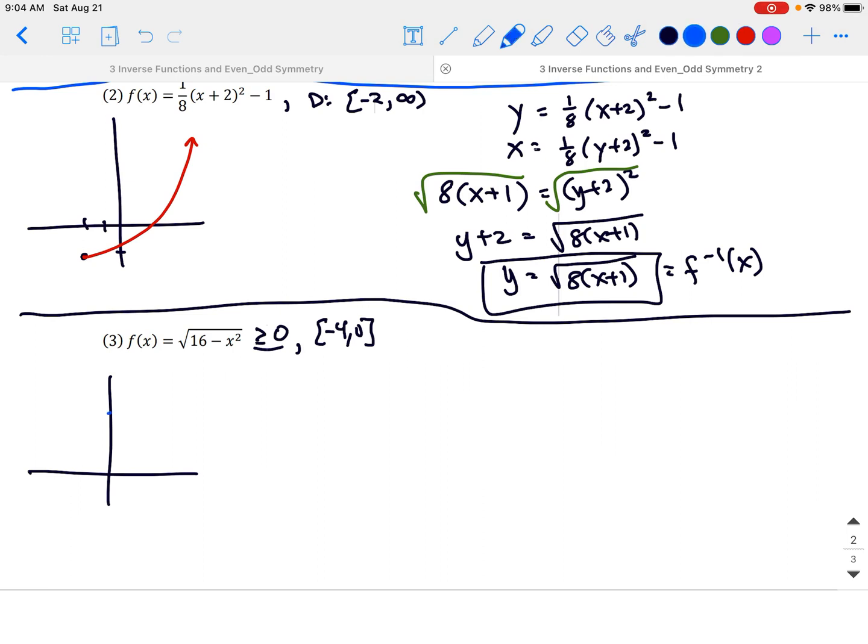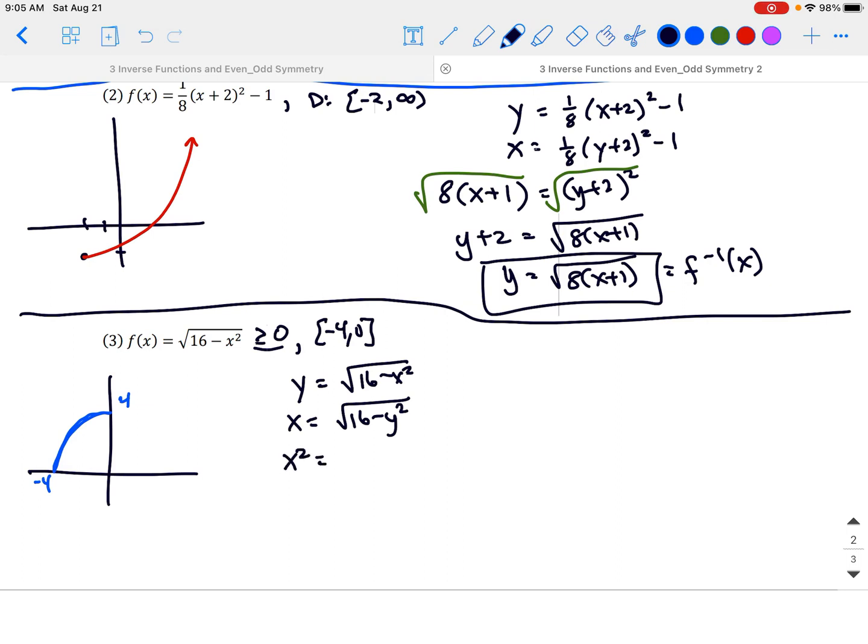So we're going to take the quarter circle in the second quadrant here. Again, we could have taken the quarter circle in the first quadrant. So we've got y is equal to the square root of 16 minus x squared. We'll swap that domain and range, and let's see what we get.